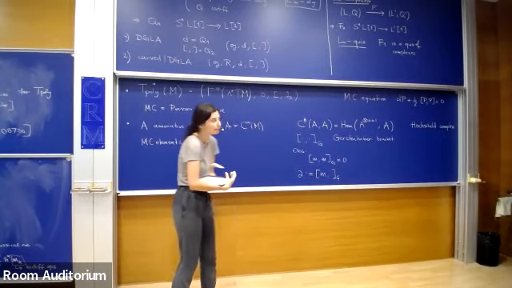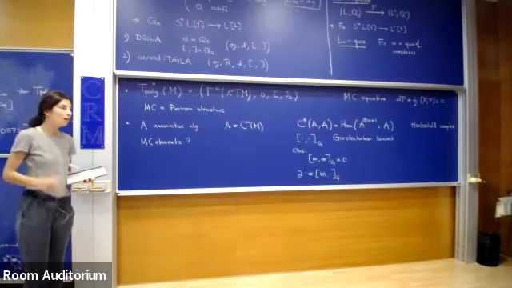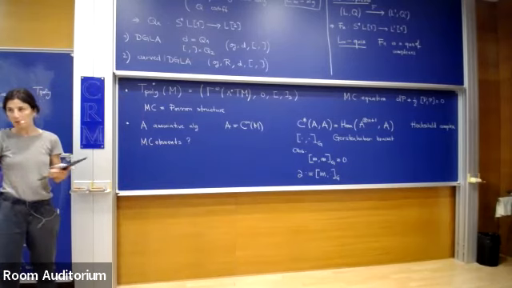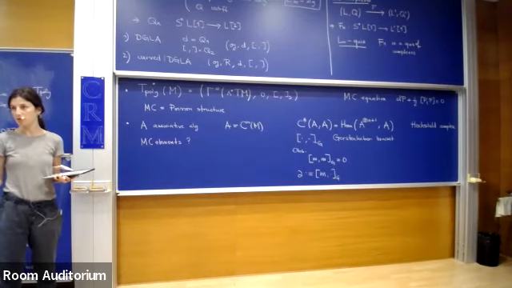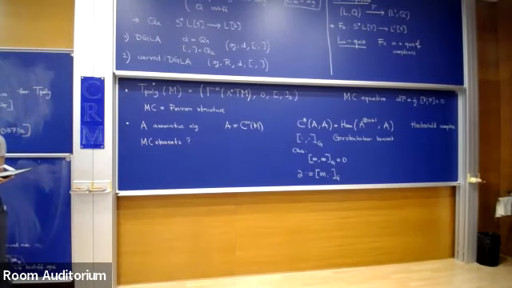They are important elements in a DGLA in general. If you study deformation theory of many objects, in many cases there is a differential graded Lie algebra that describes the deformation, and the Maurer-Cartan elements are the ones that you want. They are really the key points to describe the deformation.